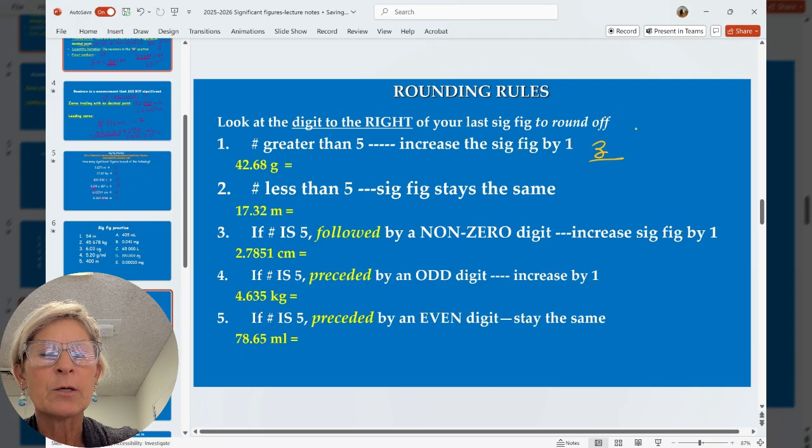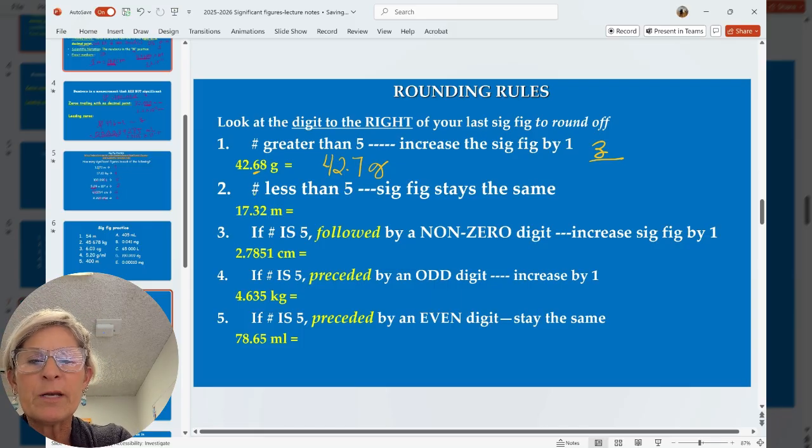I count over 1, 2, 3, and underline it right there. Then I look to the right of my last sig fig, and if it is greater than 5, the one I underlined goes up by 1. So my final answer is 42.7 grams.